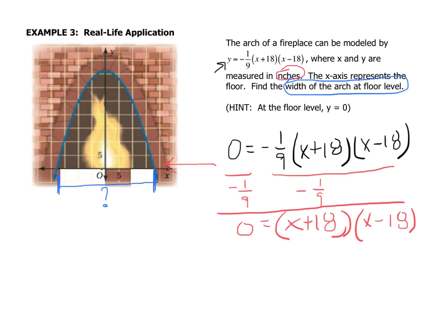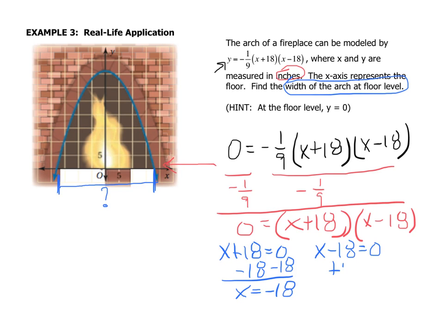So at this point, I have a zero product property situation where I would say, well, if x plus 18 equals 0, then the equation is fine. And if x minus 18 equals 0, the equation is fine. So we will be subtracting 18 from both sides to get x equals negative 18.